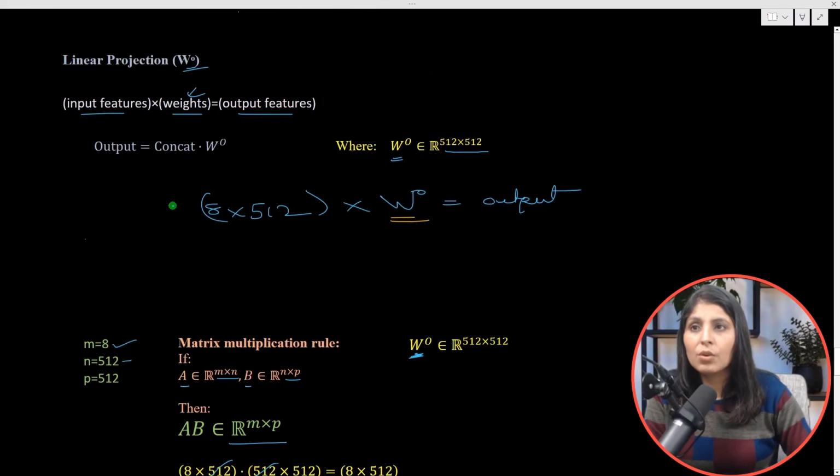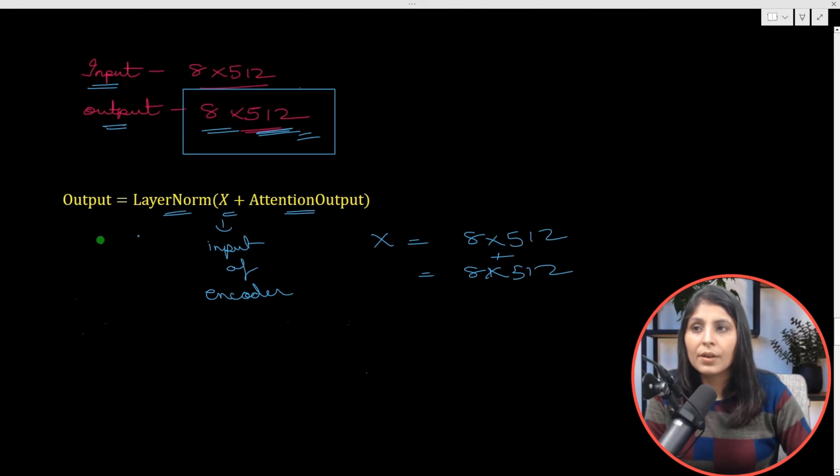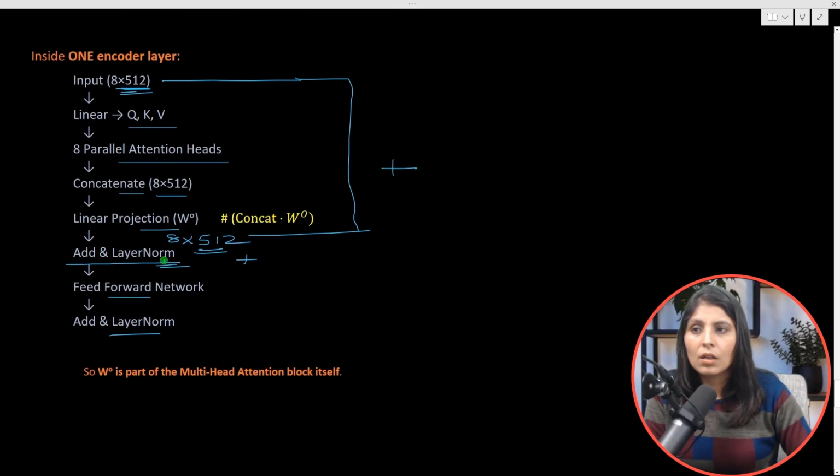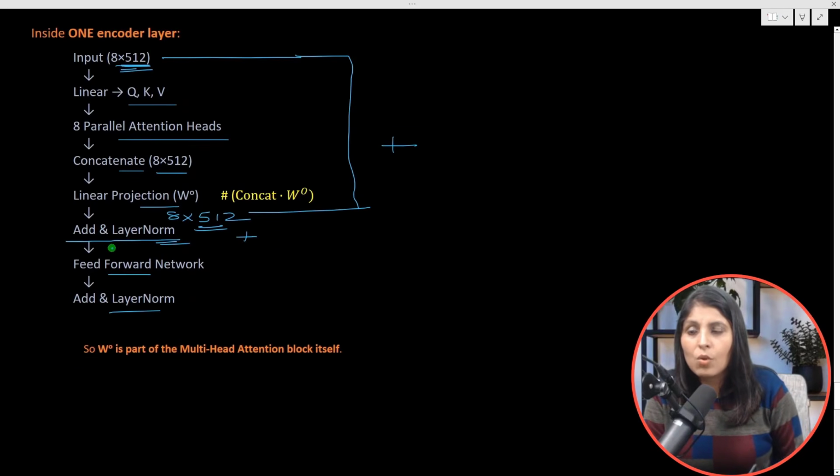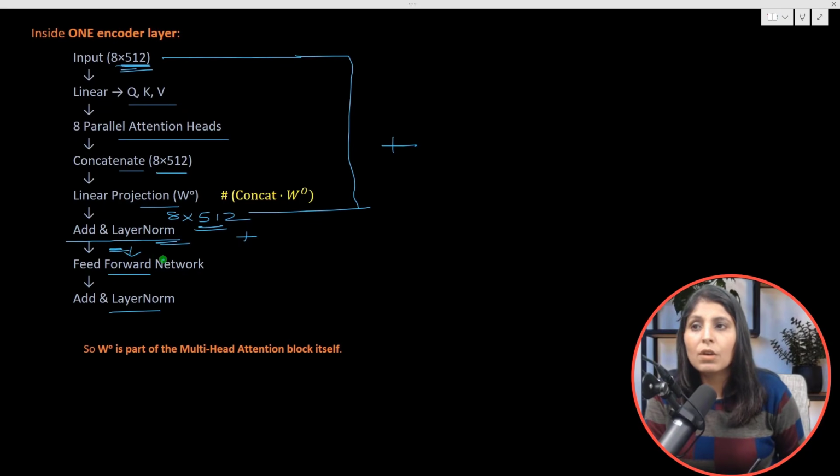Which formula are we going to use? Guys, I've shared this formula over here. In this formula, X means the input of the encoder, along with the attention output. You will perform element-wise addition on it, then you'll perform normalization, and you will get the output. That output will become the input to the feed forward network.